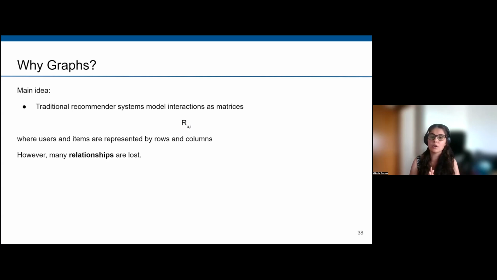that are constructed as matrices. Usually we have a matrix with users represented in the rows and items represented in the columns. However, using this data structure, many relations may be lost.